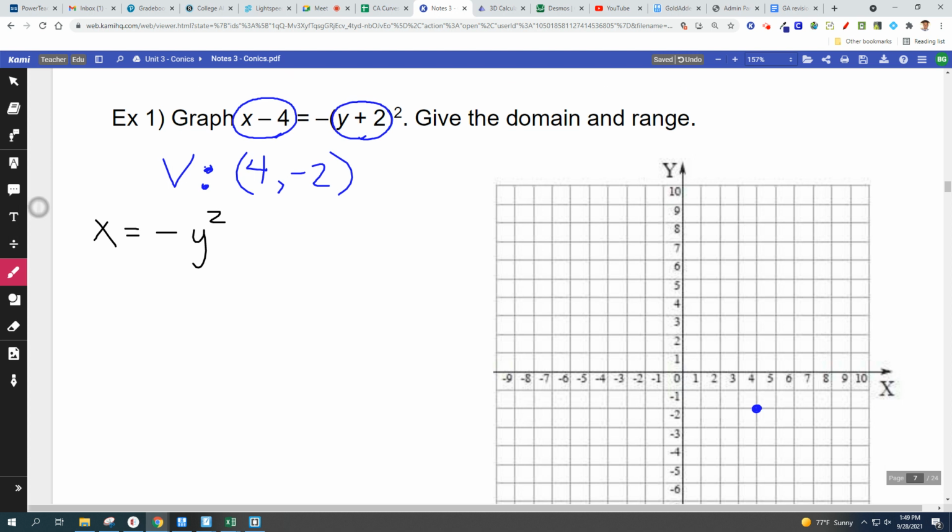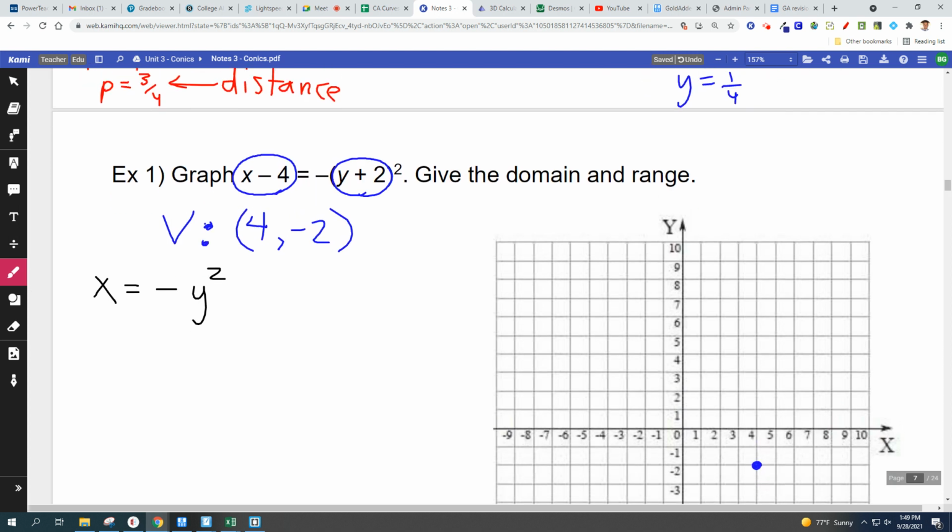Think about what we've seen in the past. Usually we'll draw x squared and we know what that shape is. It looks like this, right? But then sometimes we have a -x squared, and so that flips it upside down. We've seen a lot of those throughout algebra. But now we're going to have y squared, and a positive y squared opens up in the positive x direction.